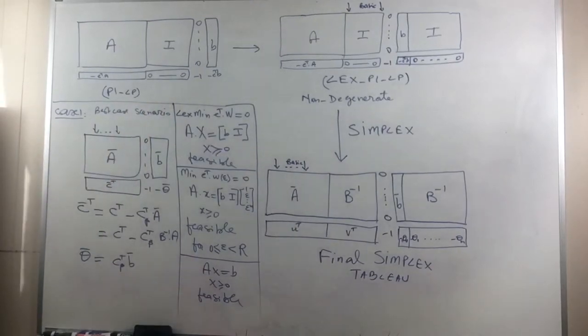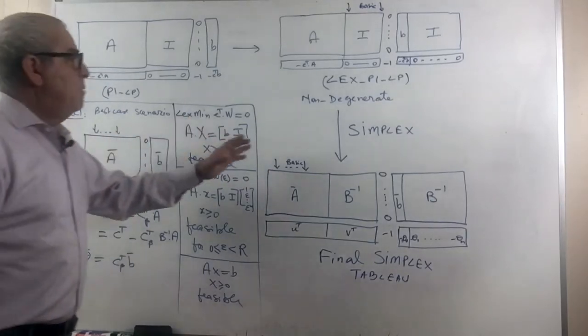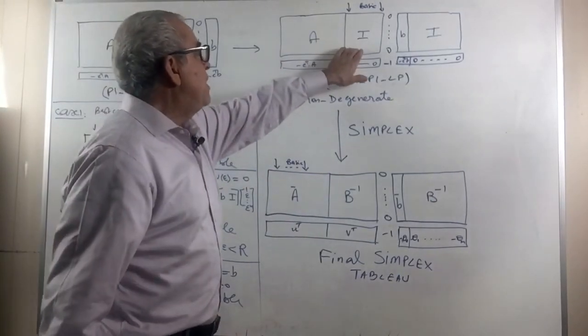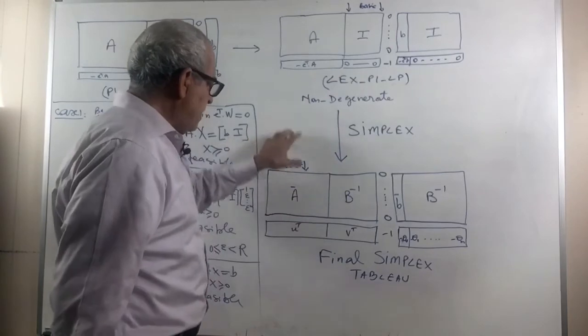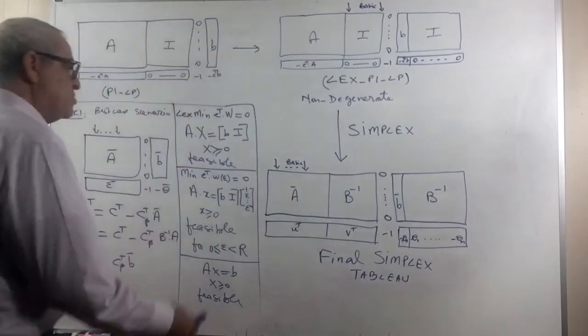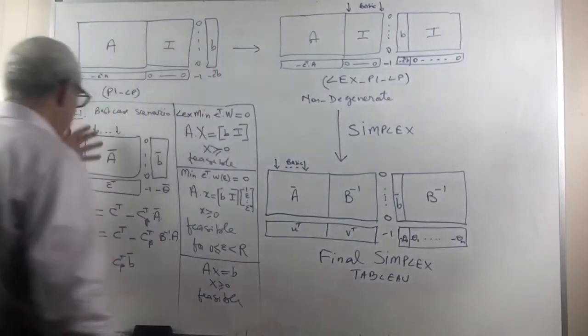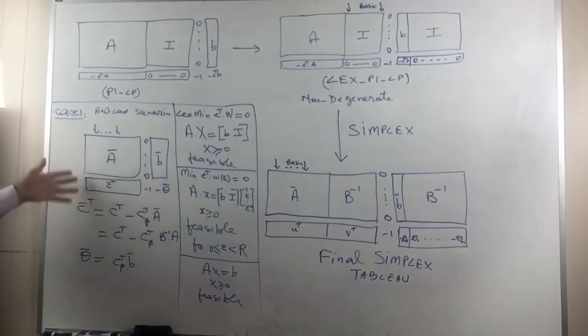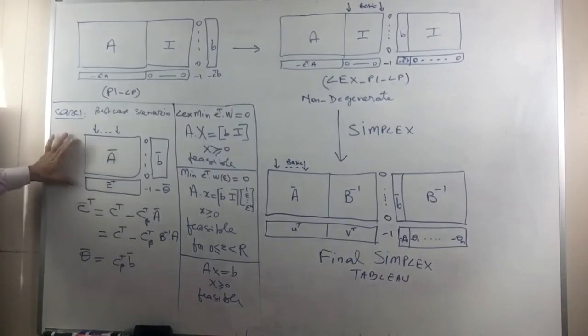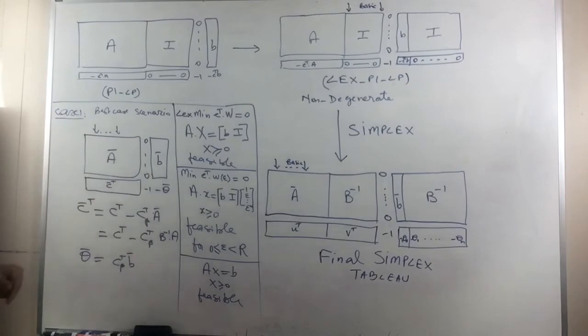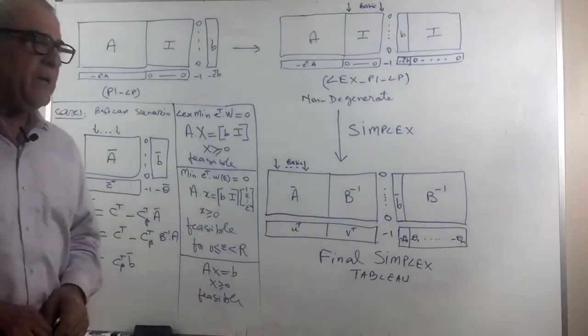When all the basic variables, originally they were artificial variables, left the basis and they are over here, then we just disregard all this and form this simplex tableau for phase 2. Now we can go to phase 2 with this tableau and optimize the objective function that we had, C transpose X.